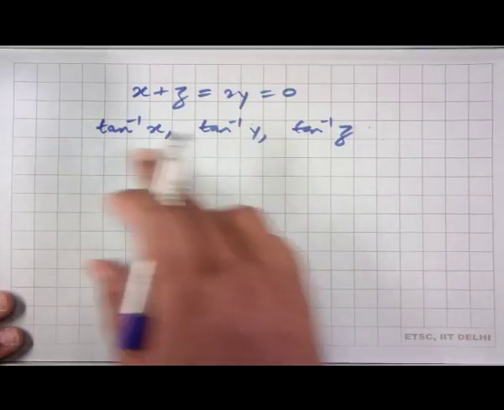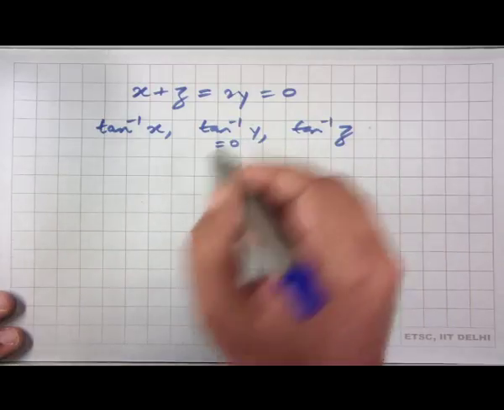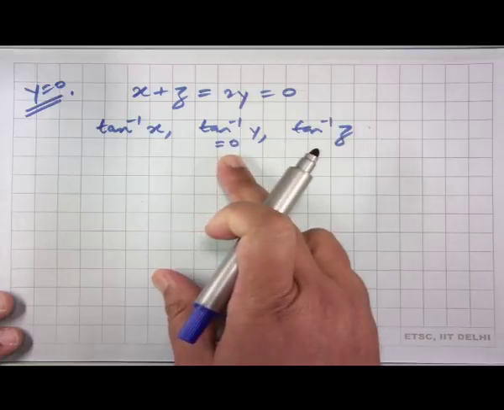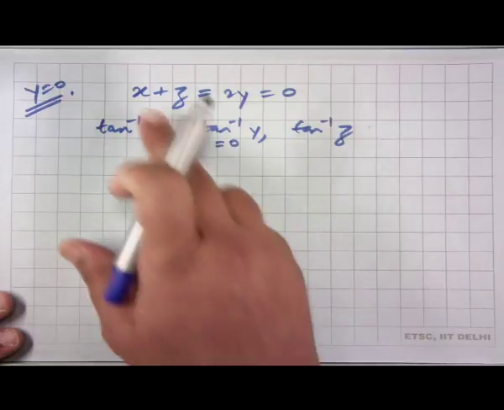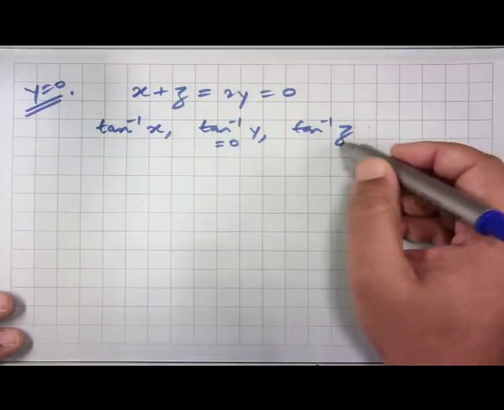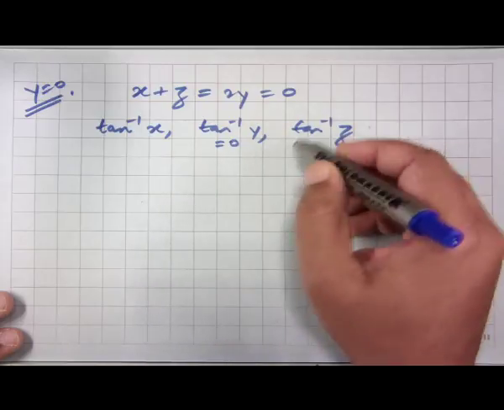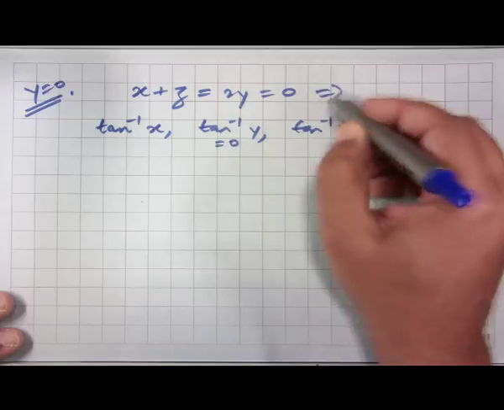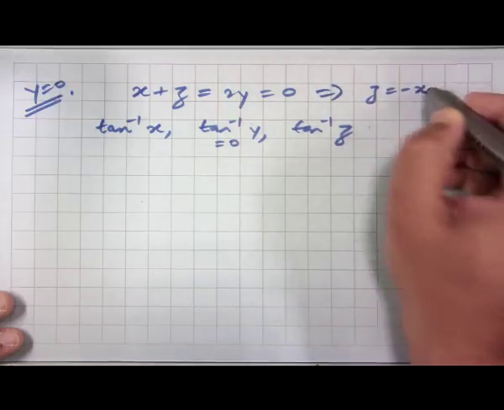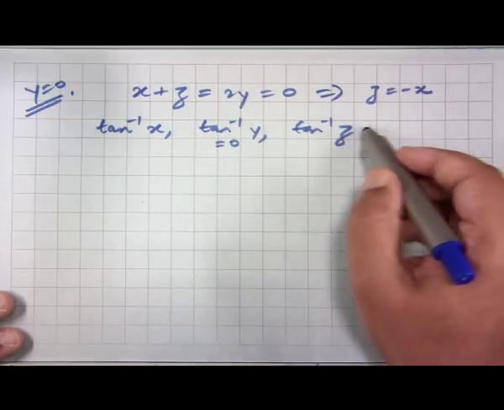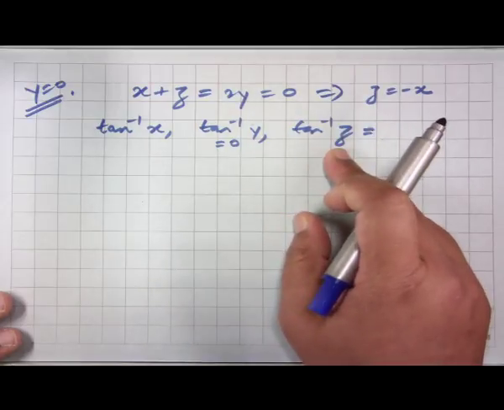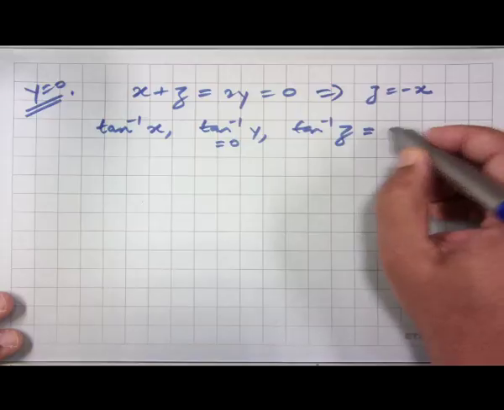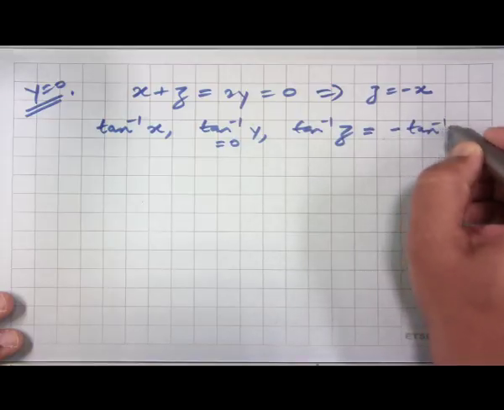So, we are taking the case y equal to 0 here, and x plus z is 0. So, for this case, z is equal to minus x. So, then tan inverse of z becomes equal to tan inverse of minus x, which is minus of tan inverse of x.